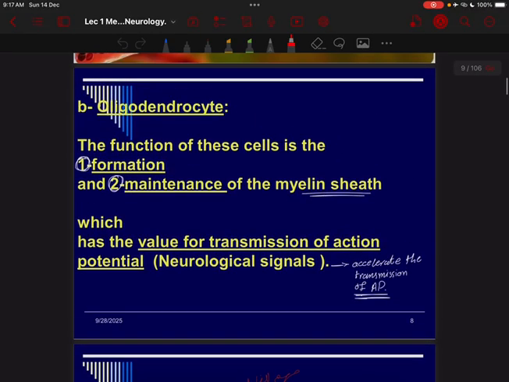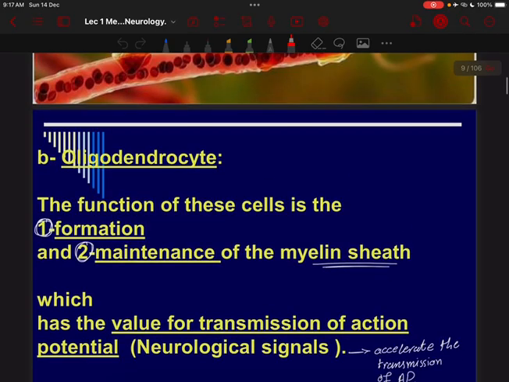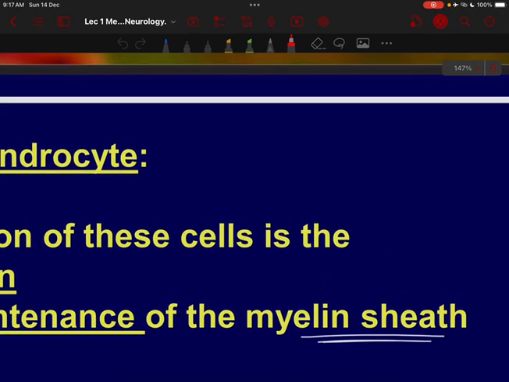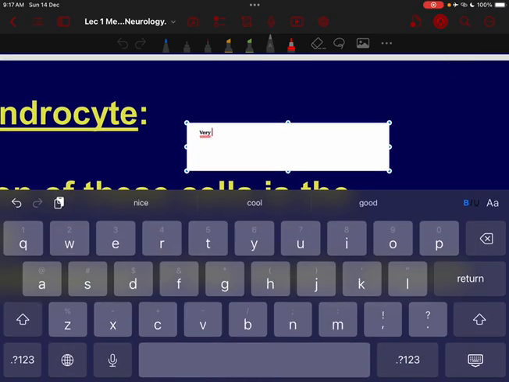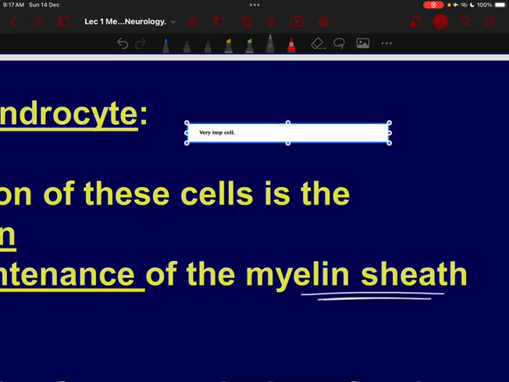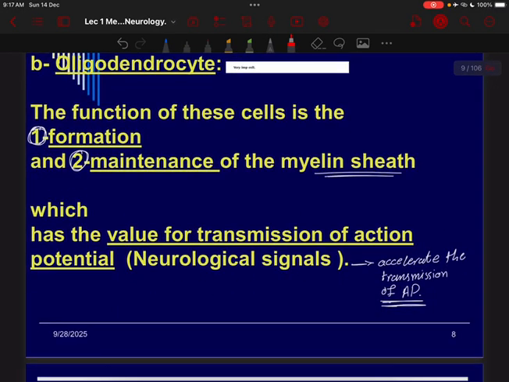The other glial or supporting cell is the oligodendrocyte, which is a very important cell. The oligodendrocyte has the function of, number one, formation and maintenance of the myelin sheath.